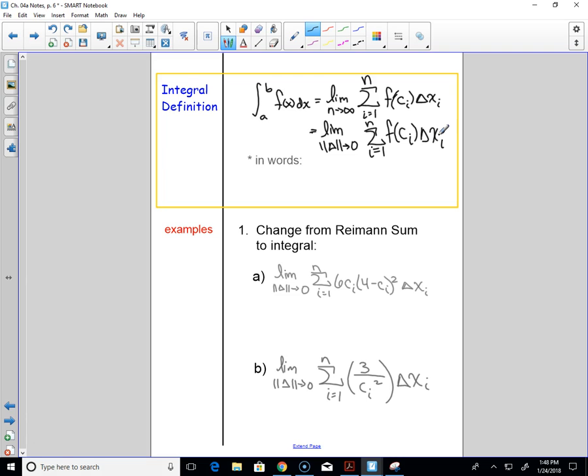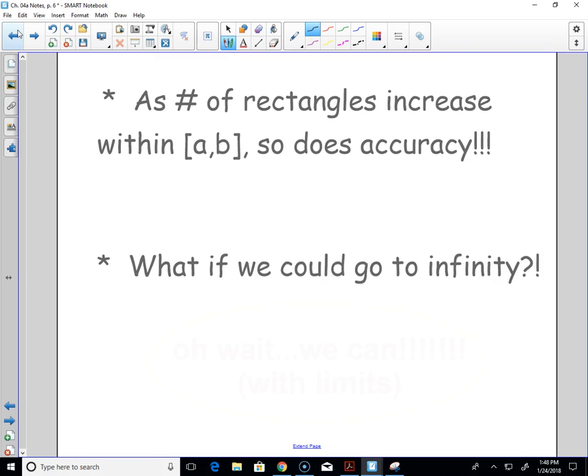In words, we can almost use technically what's on the screen, before that I don't think we wrote down. So in words, the idea is as the number of rectangles increases, as we partition A to B more and more, as we fit in more and more rectangles, as n approaches infinity, so will the accuracy.